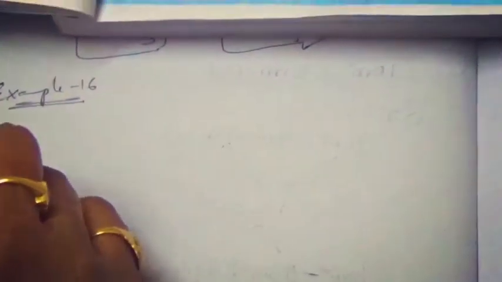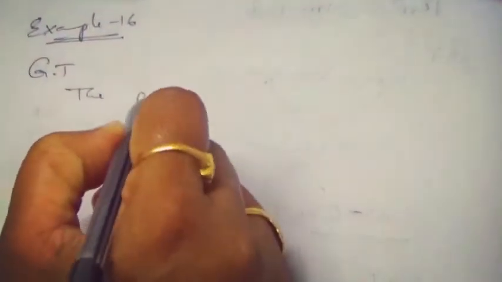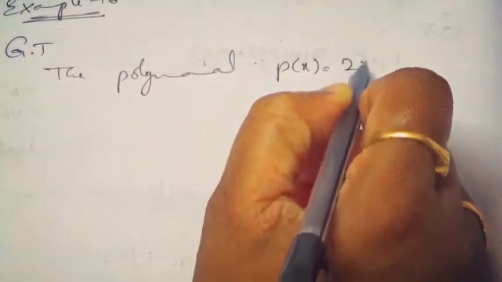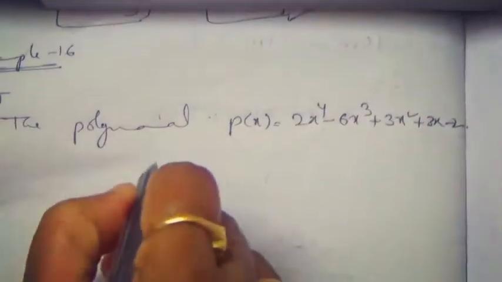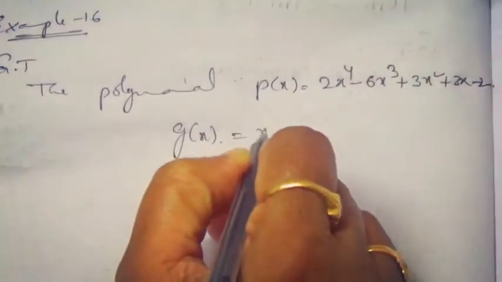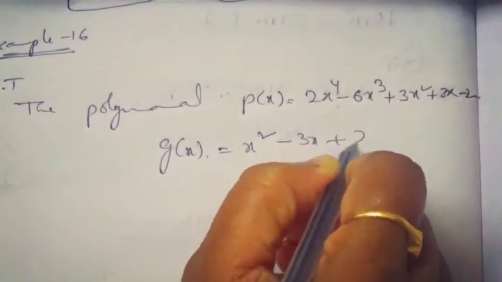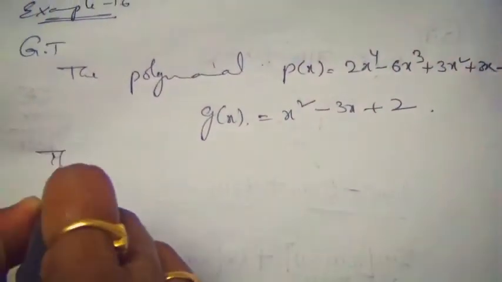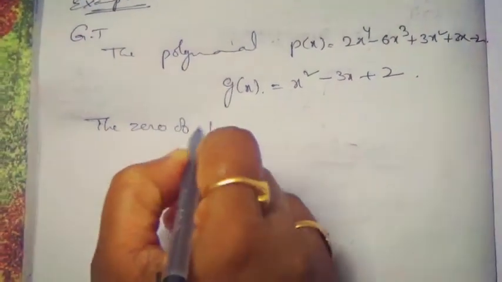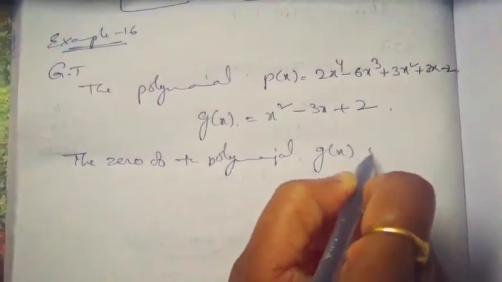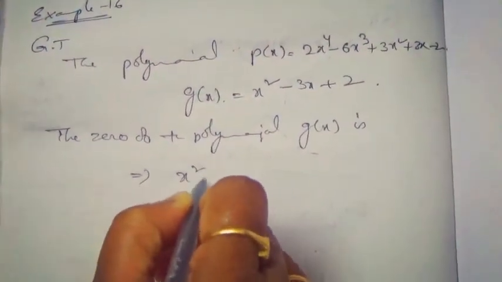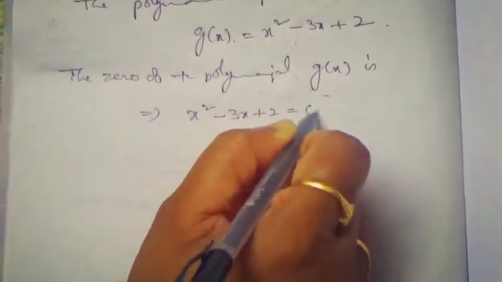16. First of all, given that the polynomial p of x is equal to 2x to the power of 4 minus 6x cube plus 3x square plus 3x minus 2. And g of x is x square minus 3x plus 2. Okay, so the zero of the polynomial g of x: that implies x square minus 3x plus 2 is equal to 0.